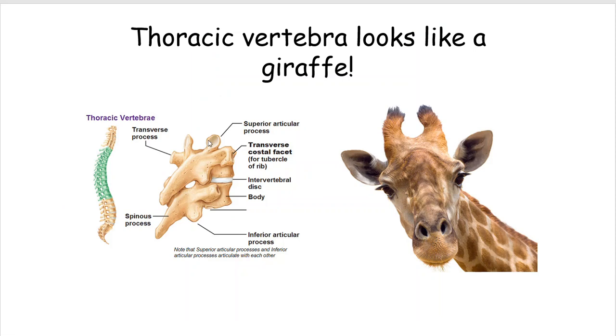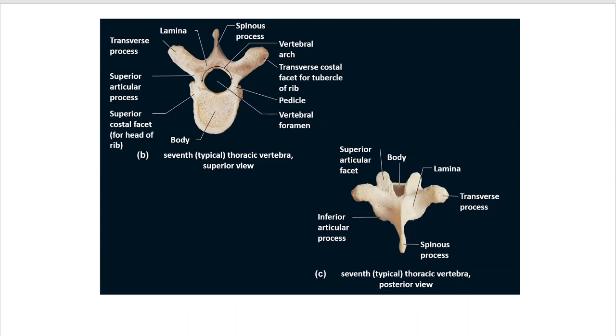Thoracic vertebrae. These guys are going to look a little bit different. They're going to have longer spinous processes. Some of them are going to be pointed down very sharply too. They're also going to have a special thing called a transverse costal facet. And that is not on your lab list, but that's just the place for one of the two places that the ribs attach to these vertebrae. Same thing, guys.